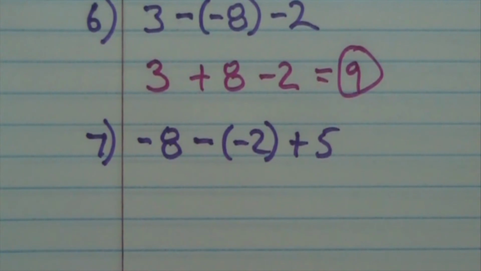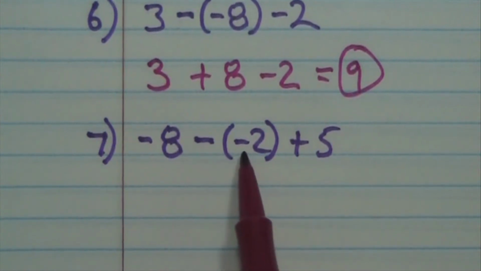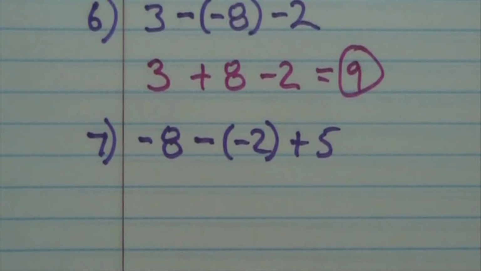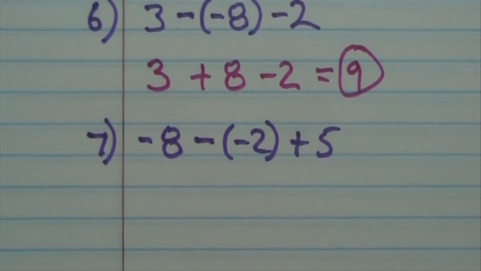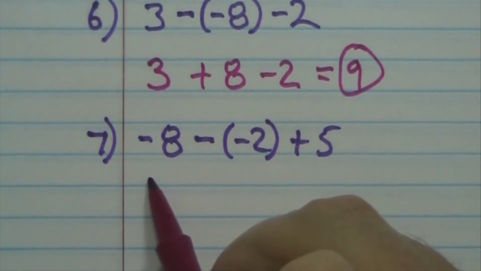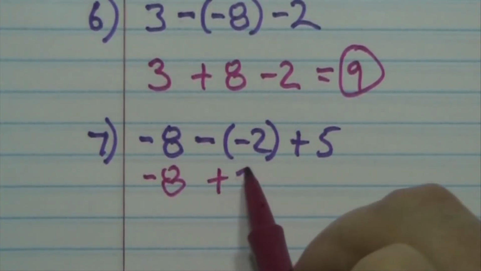Okay, number 7. We have negative 8 minus negative 2 plus 5. Okay, so let's see, I have negative 8. That makes a big plus.